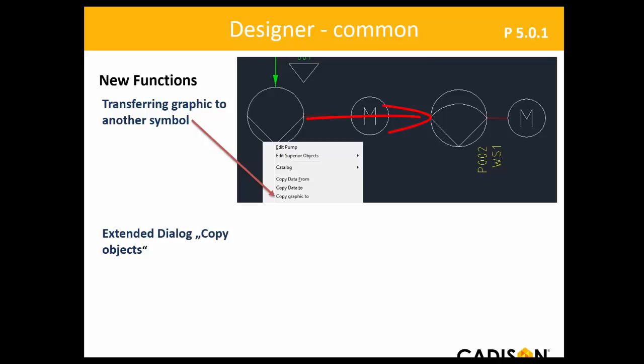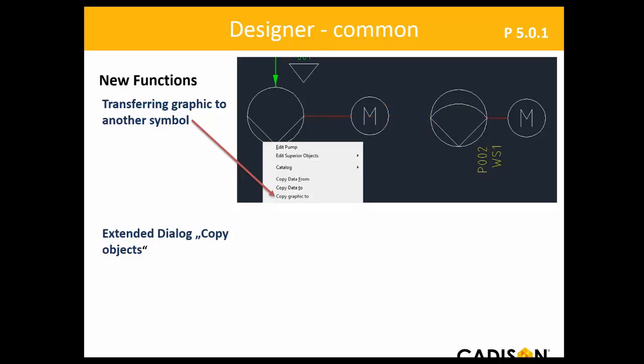And the nice thing about this is, you know that we have dynamic symbols, and if you have other symbols that are not dynamic, it's very difficult to exchange them. With this command, the dynamic symbol that you have here can take this information over to a non-dynamic symbol, but this symbol will then be dynamic. Very smart and helps a lot to make your life easier in this way.